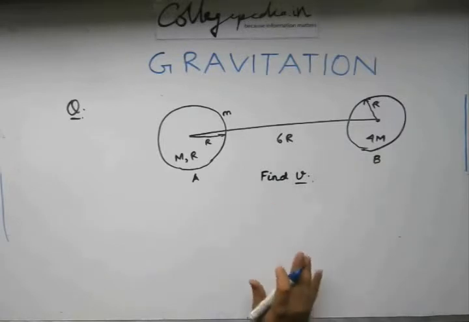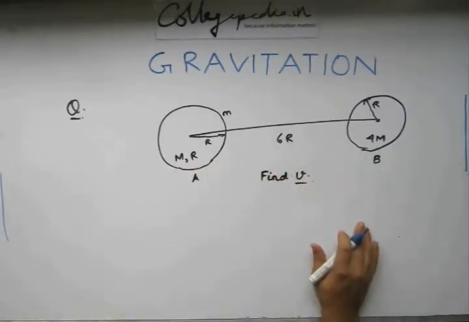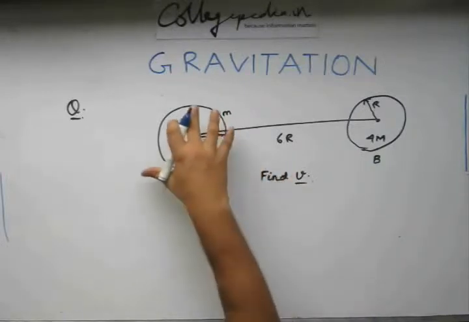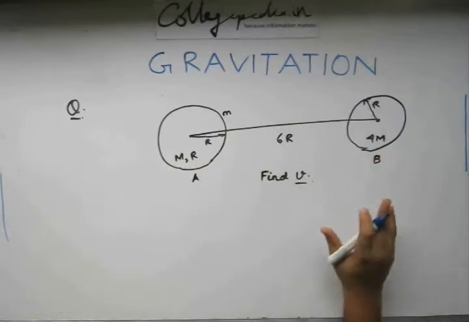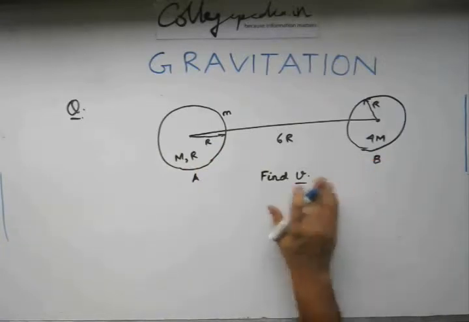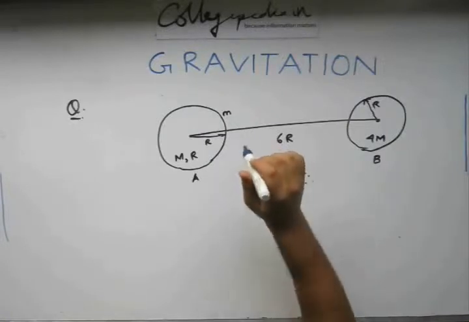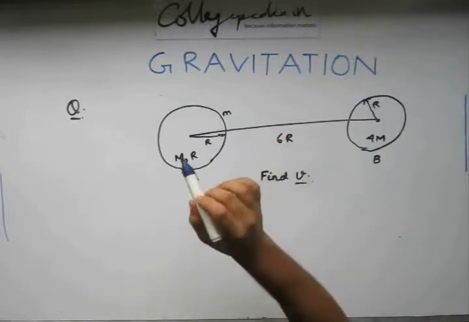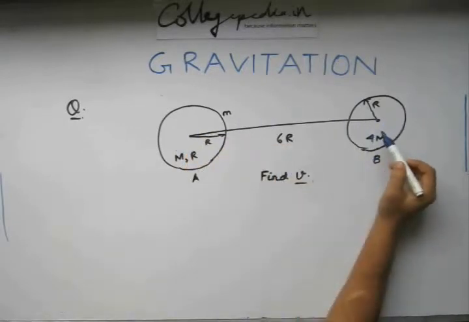To proceed with this question, let us spend some time looking at this situation. Because these are two celestial bodies, or say two large spheres, there will be a point somewhere where the force of attraction due to this body will equalize the force of attraction due to this body.